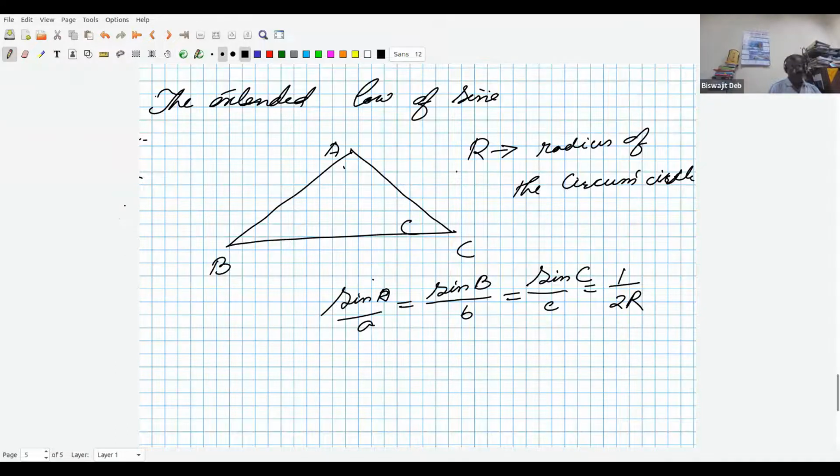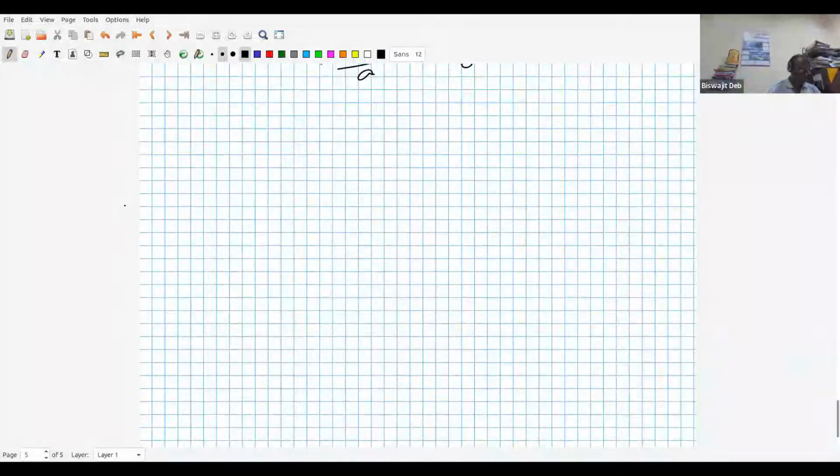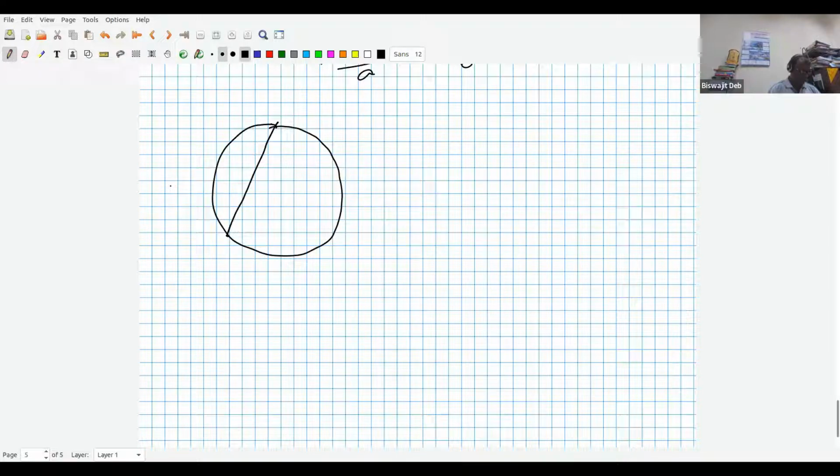Now how can we establish it? Establishing this is not that difficult. Let us do the reverse engineering. First you draw the circle and then you consider a triangle on it. So this is A, B, C. We have the center of it like this. Now consider this triangle.